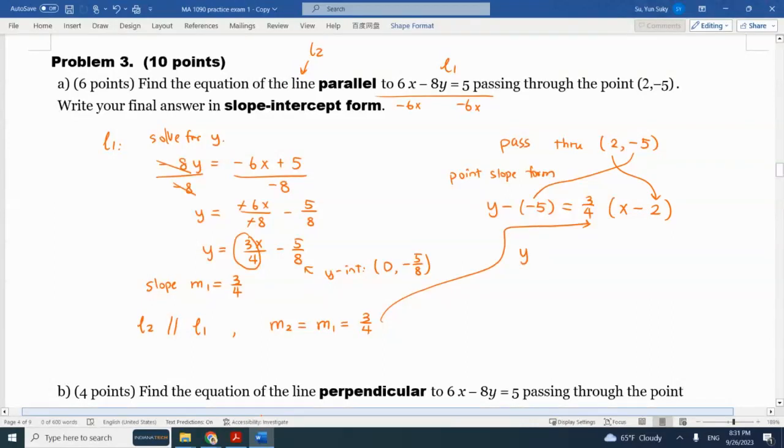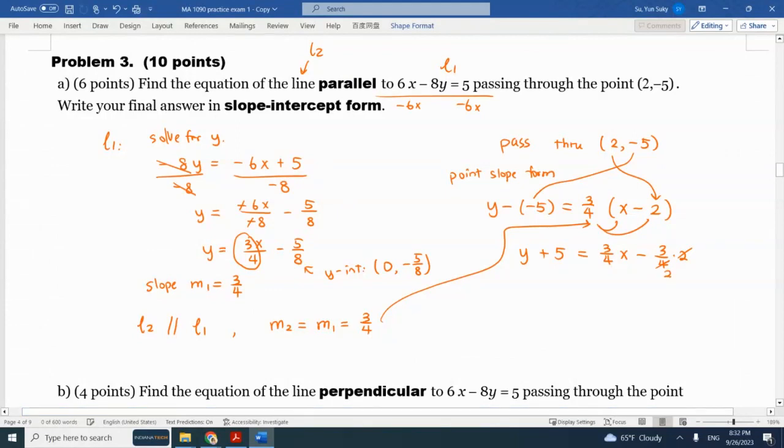So you get y minus negative, which becomes plus 5, equals, distribute, 3 over 4 x minus 3 over 4 times 2. Do you see the 2 and the 4 cancel?